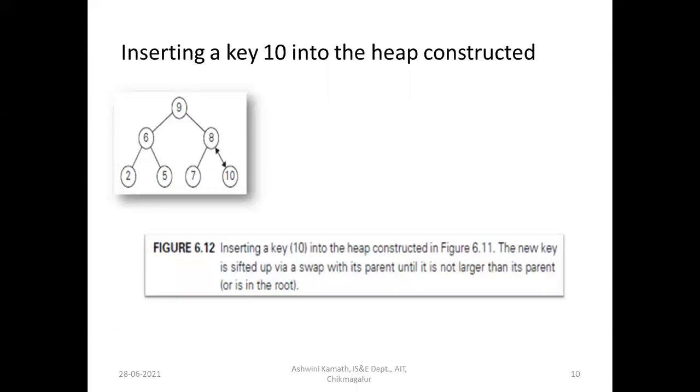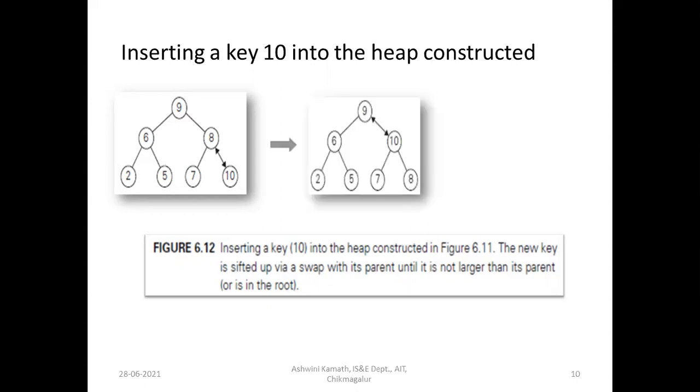When we compare 8 and 10, 8 is less than 10, so we have to exchange or swap these two. Once we swap, again compare 10 with its new parent. The previous parent was 8, now the parent of 10 is 9.